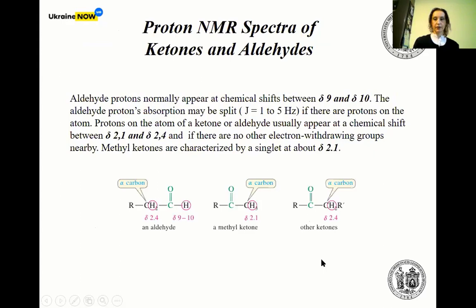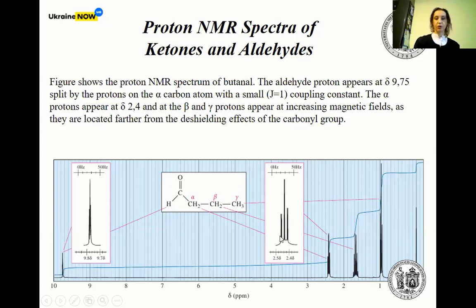In NMR spectra, we can expect to find the signal of aldehyde group protons near 9 to 10 parts per million, and alpha carbons can be at 2.4, for example. Here is an example of an NMR spectrum of butanal. This signal is for the aldehydic group proton.